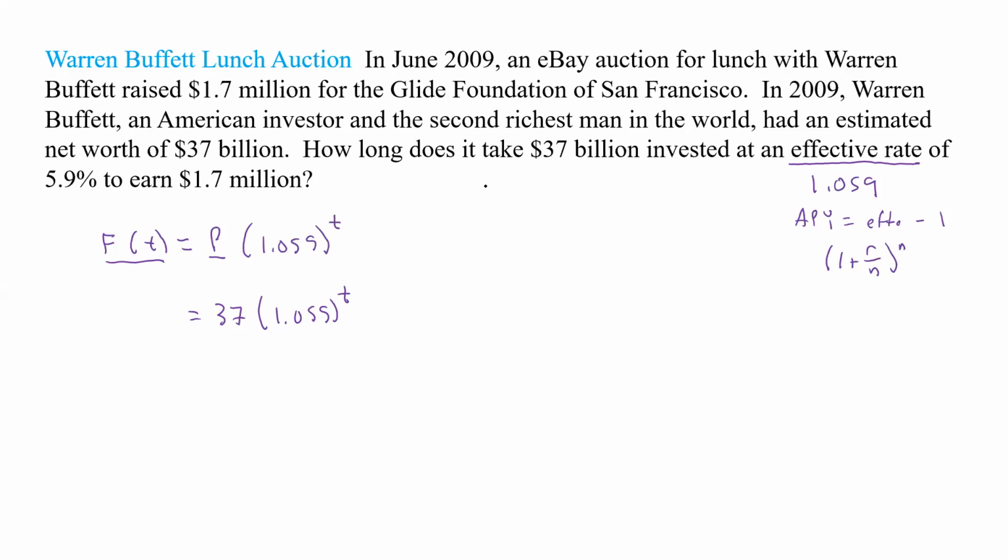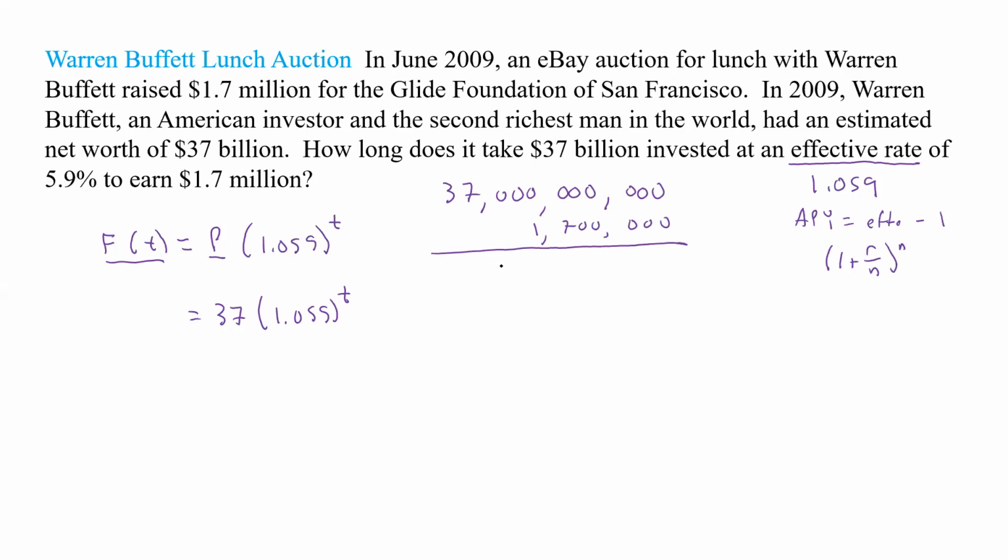Well, I can't just do this on the top of my head. So 37 billion, there's millions, and that. So we have hundreds, thousands, millions, billions. Okay, so that's $37 billion, a lot of zeros. Now we're going to earn 1.7 million, so that would be at that point there.